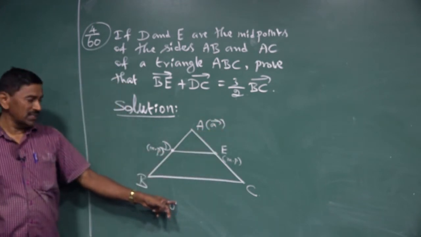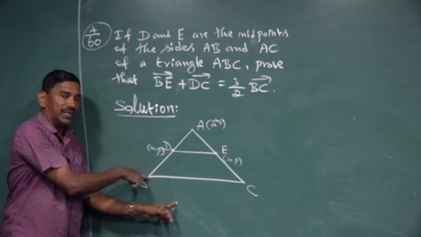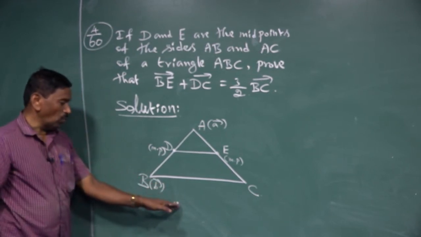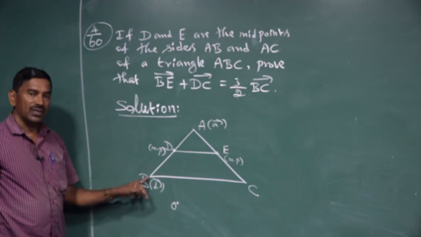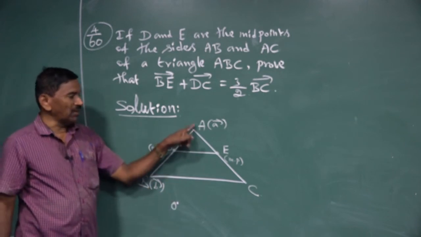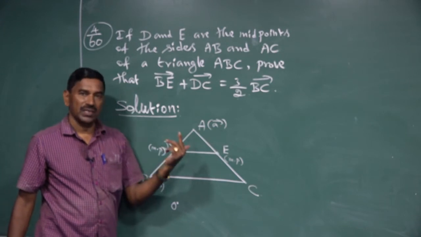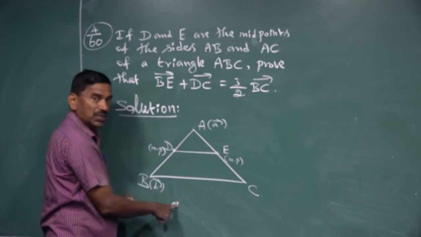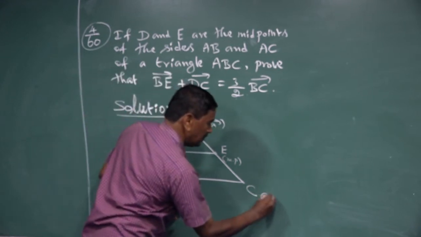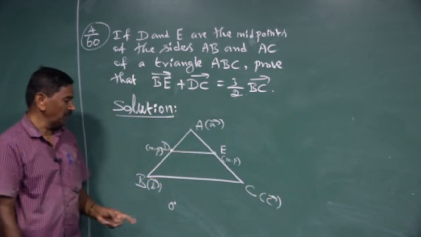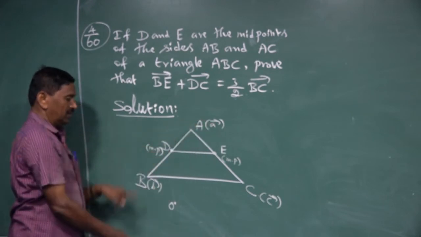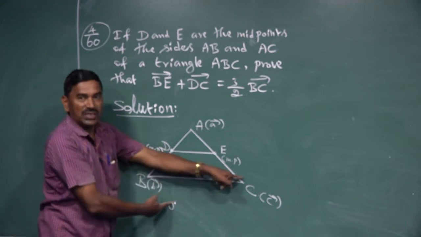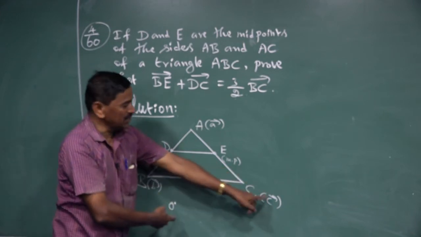Similarly, OB vector is equal to b vector, and OC vector is equal to c vector.